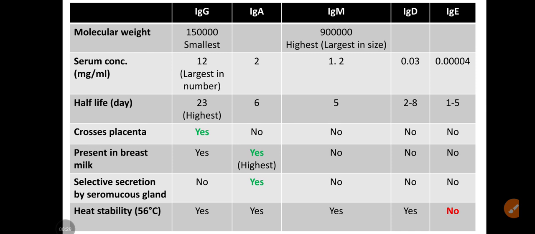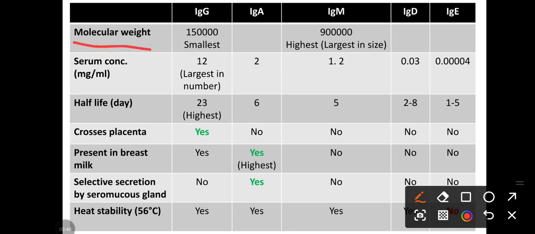Okay, here in this table I have constructed all the data which is very important. So first, we know the 5 immunoglobulins are there: IgG, IgA, IgM, IgD and IgE. The first point is the molecular weight. IgG has the smallest molecular weight, in Daltons, and IgM has the highest molecular weight.